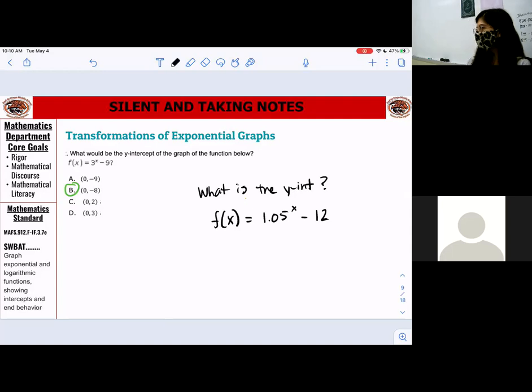So there's a decimal. Is that decimal the A or is it the B? So what's the A? 1. Oh, so can I rewrite this? I can rewrite this as 1 times 1.05 to the power of x.